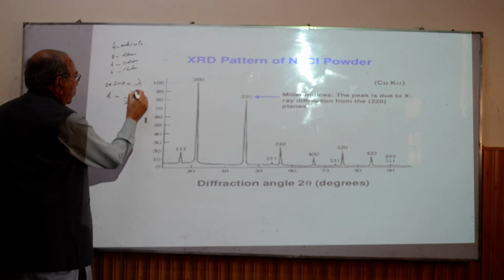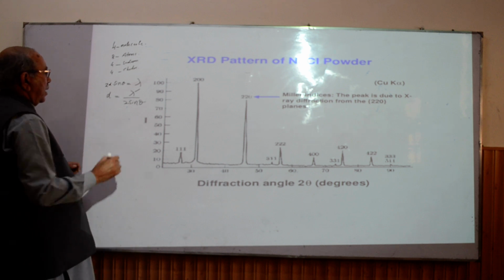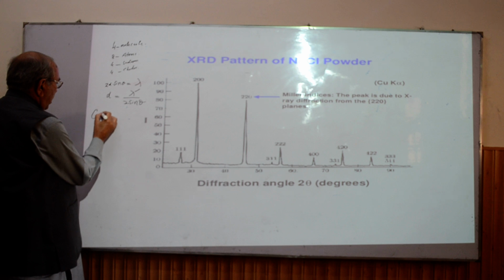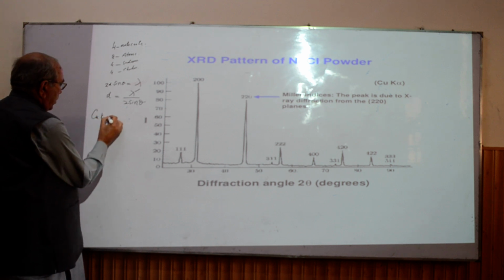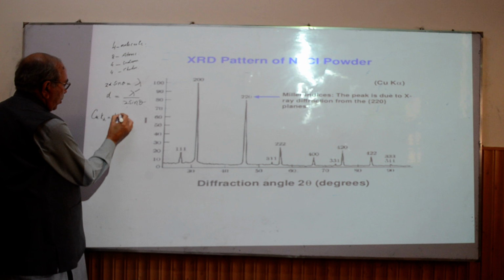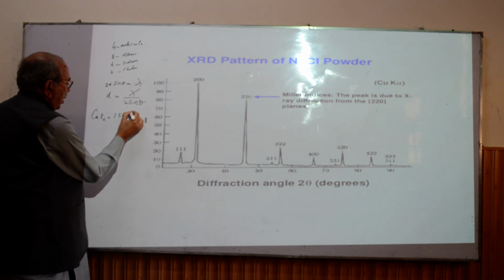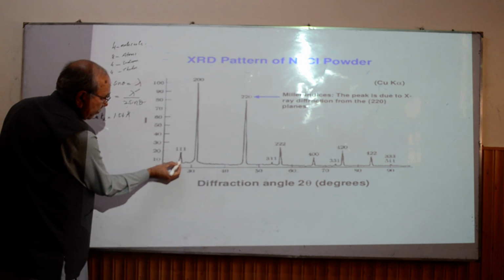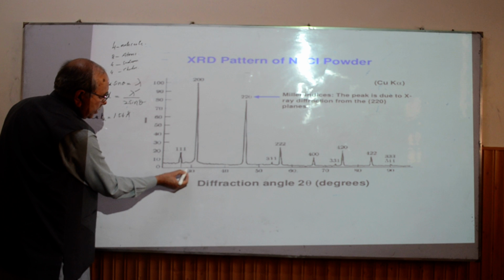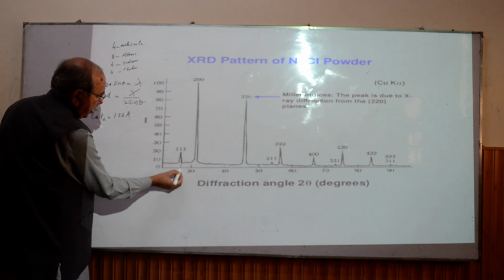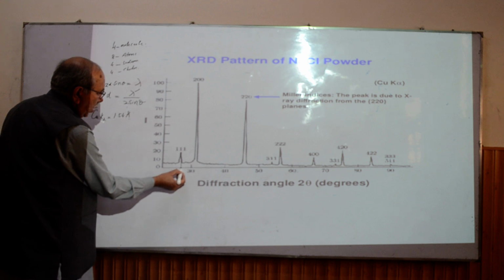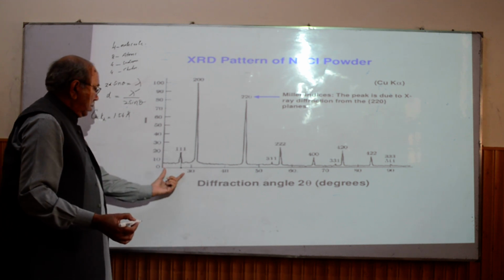Lambda, I know, since I know which incident X-ray I am using. I am using the copper K alpha line, which has a wavelength of 1.54 angstrom. For different peaks, for example, if I take this one peak, this angle is around, say, 24, so half of this will be theta, which is 12 degrees.